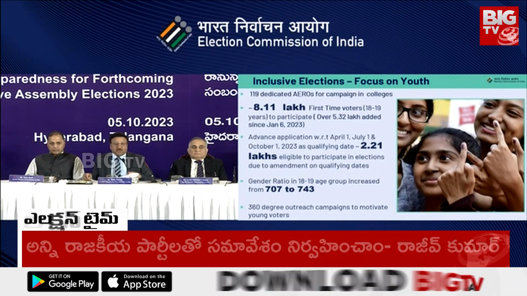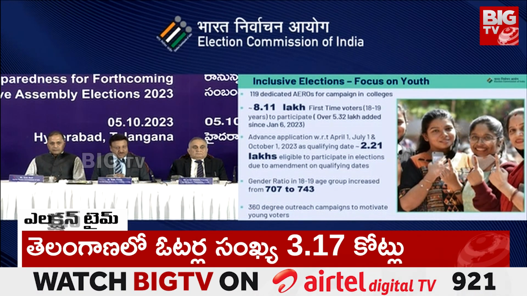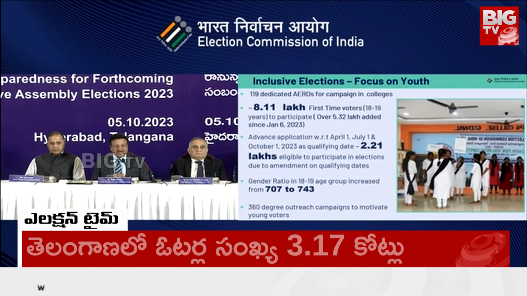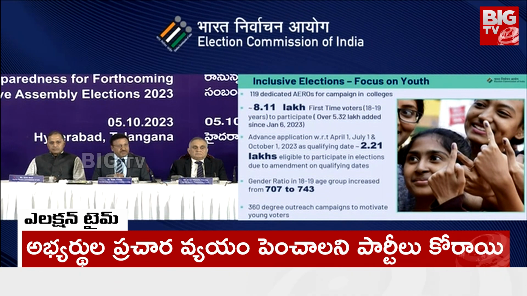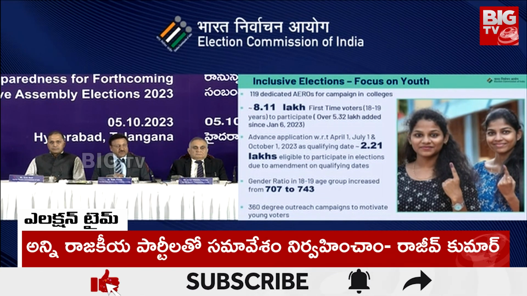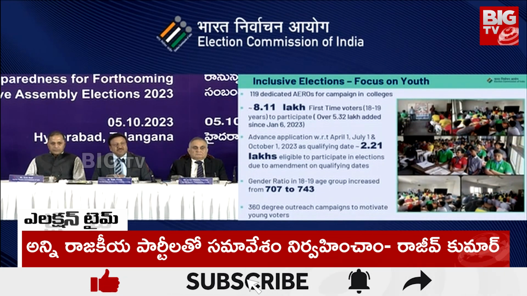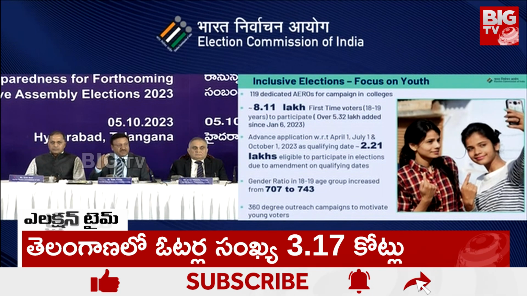Now, how do we make it inclusive? Number one is the focus on youth, 8.11 lakh voters, as I mentioned. And before last year, if you remember, we made an amendment in the Act. The eligibility date for becoming a voter was 1st January of the year. We changed it to 1st of every quarter.